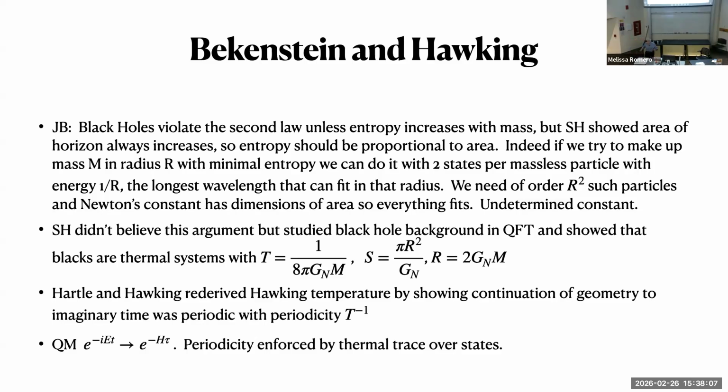And let's take the lightest particles that I can, namely massless particles, and they have an energy that, if they have a wavelength r, goes like 1 over r. And if I have a black hole of size r, the longest wavelength I can fit into it is of size r. So the lowest energy I can get would be photons or other massless particles of size r.